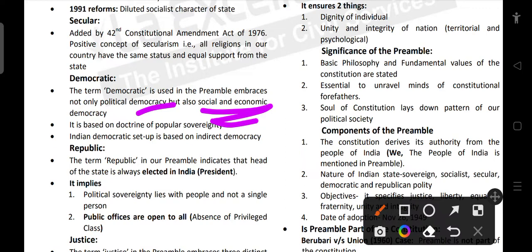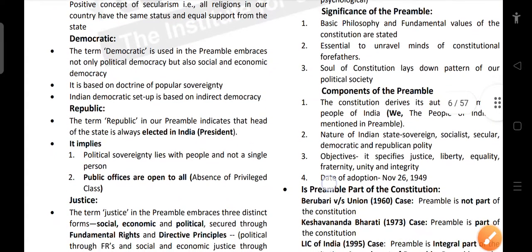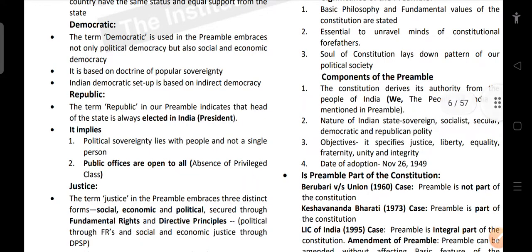It is based on the doctrine of popular sovereignty. India's democratic setup is based on indirect democracy. All people cannot go and vote on each and every problem, right? So we have representative democracy, not participative. We send our representatives to the parliament to take decisions for us, right?